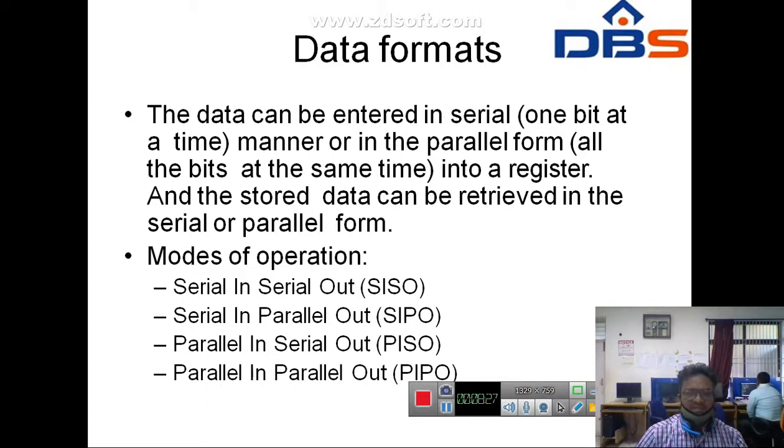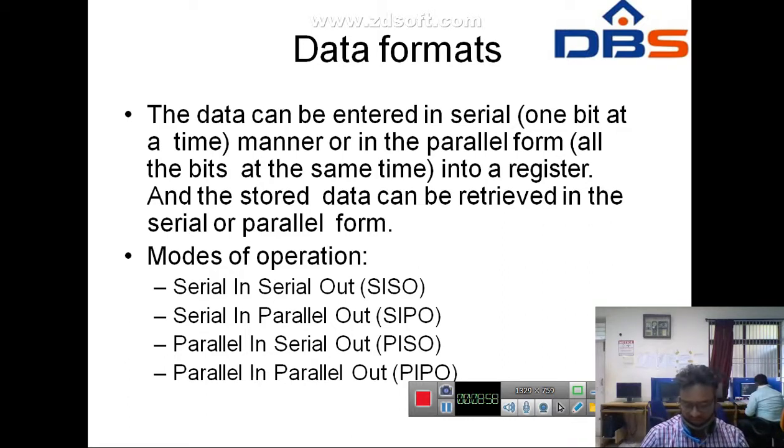Those are serial in, serial out, in short form SISO; serial in, parallel out, in short form SIPO; parallel in, serial out, in short form PISO; and parallel in, parallel out, in short form PIPO.